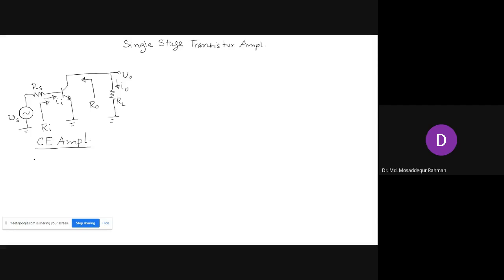And we'd like to determine the following parameters: the voltage gain, which is V naught by Vi, the current gain, which is I naught by Ii, and the input and the output resistances.